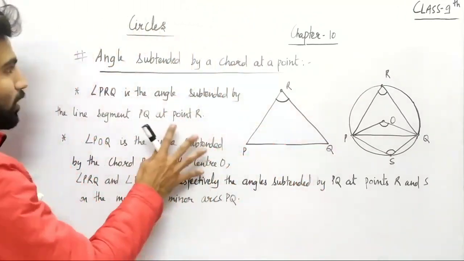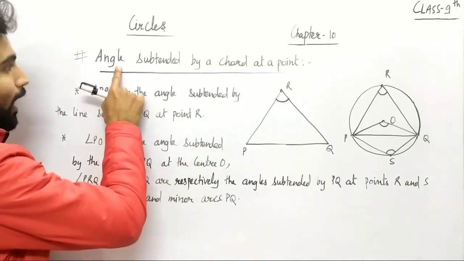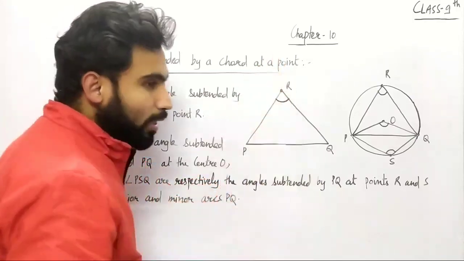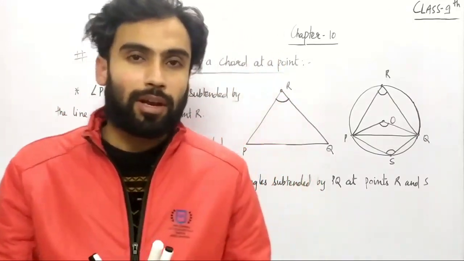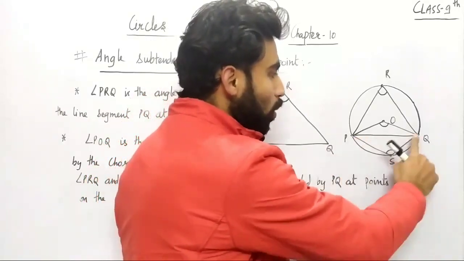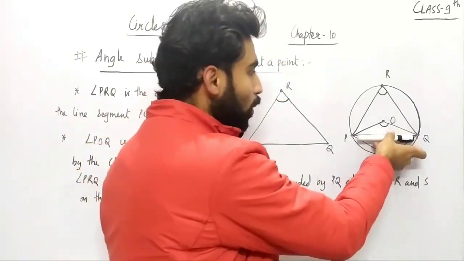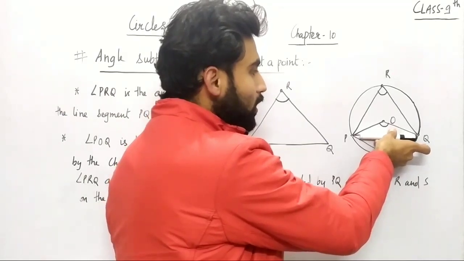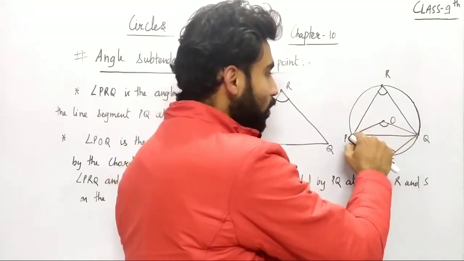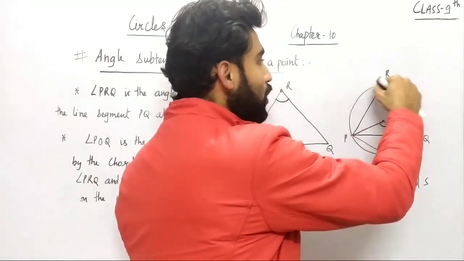In this video I'm going to explain the angle subtended by a chord at a point. Here I'm going to tell you that in a circle, PQ is a chord. This chord PQ subtends an angle at the center, and also on this major arc.